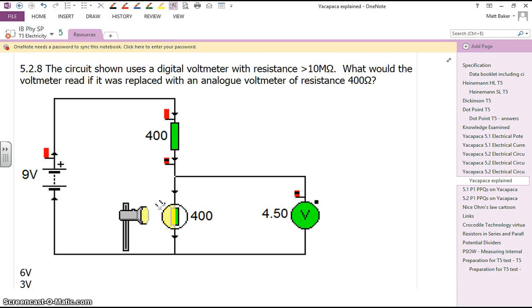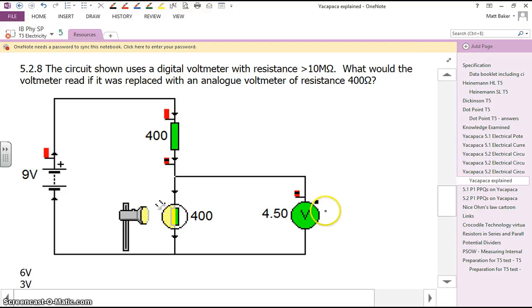Getting a little bit more tricky now. Onto potential dividers. At the moment this voltmeter here has got a resistance of more than 10 megaohms. That's more than 10 million ohms, which means that when the circuit's turned on, very little current will flow through the voltmeter here.